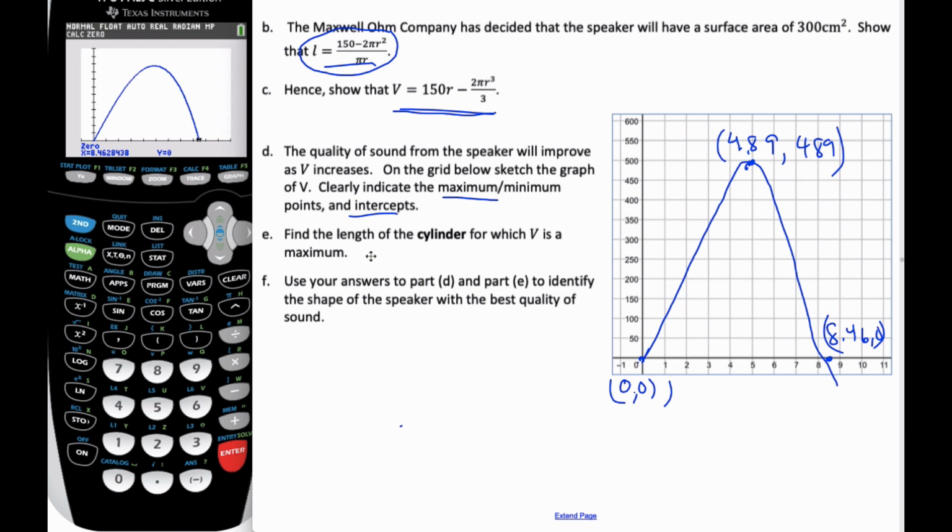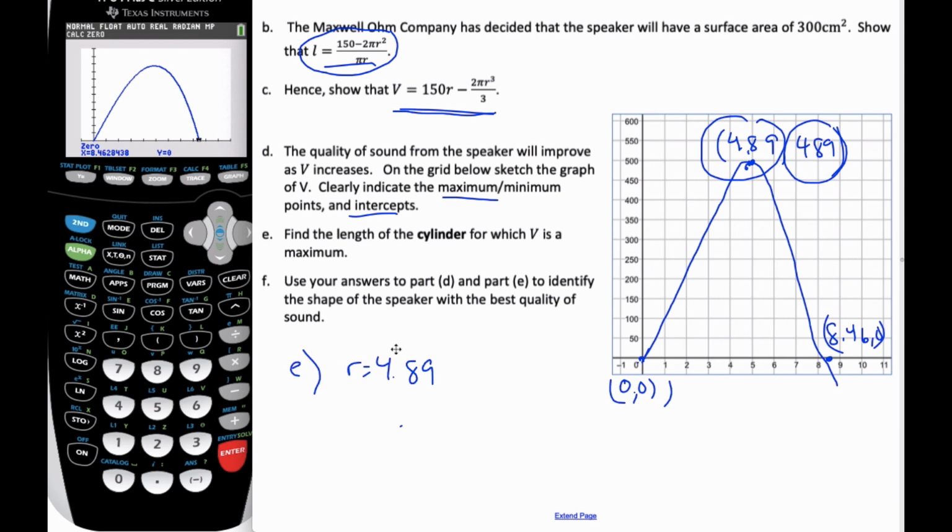E part says find the length of the cylinder for which the V, the volume, is a maximum. Well, here is my maximum volume. So I want to find the length of the cylinder when the volume is maximum. My radius for the maximum is 4.89. And so that means this value here is R. I'm going to use R equal to 4.89.